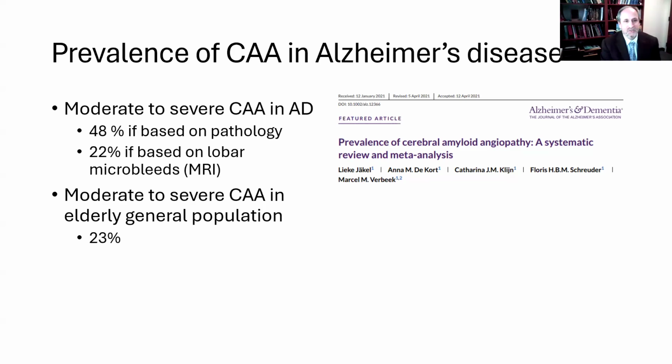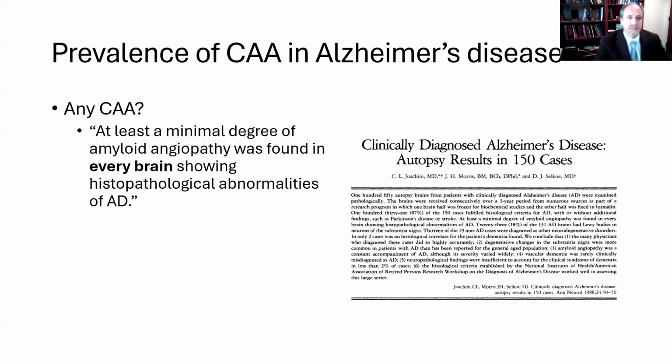So something to keep in mind. It's an idiosyncratic condition that's going to be out there. And so if we're administering anti-amyloid agents at scale in the population, you're going to be administering it to some number of individuals with cerebral amyloid angiopathy who would not be apparent on MRI scans.